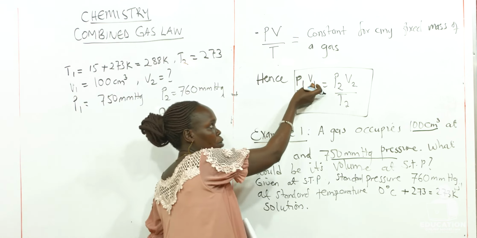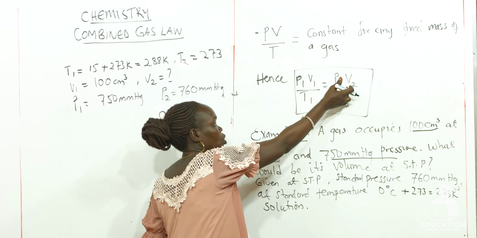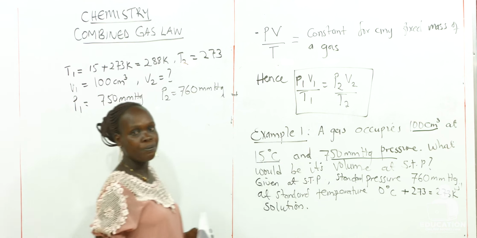which is pressure 1 volume 1 over temperature 1 equals pressure 2 volume 2 over temperature 2.